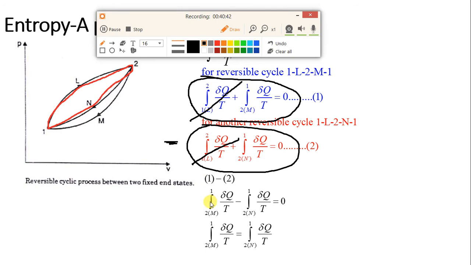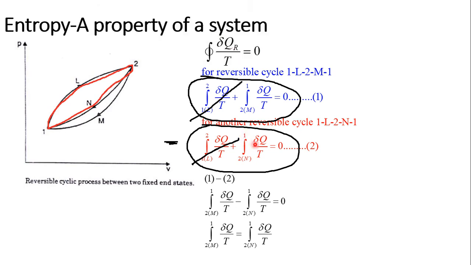What you will get is integral of 2m1 del Q by T minus integral 2n1 del Q by T is equal to 0. Take this on the right hand side, so integral 2m1 del Q by T is equal to integral 2n1 del Q by T.